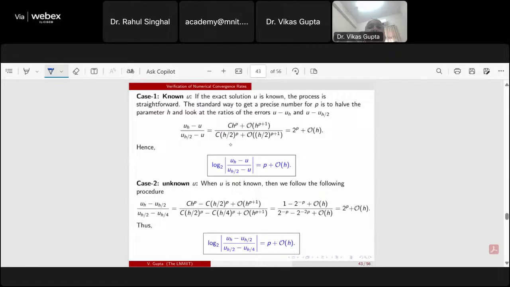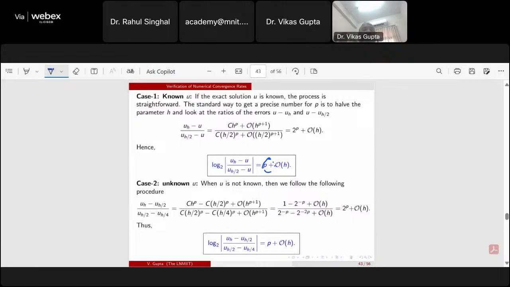Now taking the logarithm of both sides with base 2, we will get log base 2 of the absolute value of (uh minus u) upon (uh by 2 minus u) is equal to p plus order of h. Here p is the numerical order of convergence of the given scheme. If your scheme is accurate of order p, then using this formula for your numerical solution you can get this value.